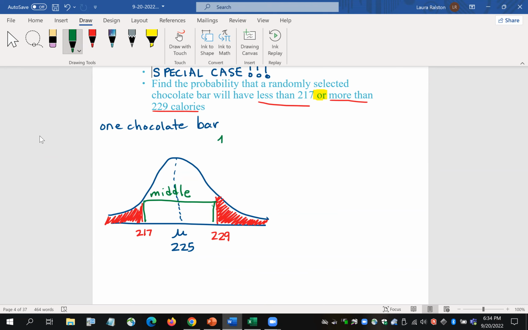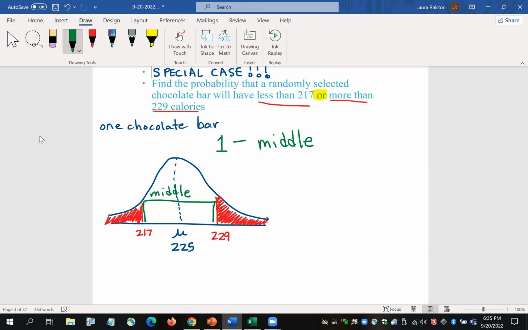So I have one whole pizza, and we use 1 because remember we talked about it, that the area under this curve is 1 because the maximum probability is 1 or 100%. So I take 1 and subtract the middle. And if I take out that middle, what's left are those tails. You will not use equal tails at all in this class.